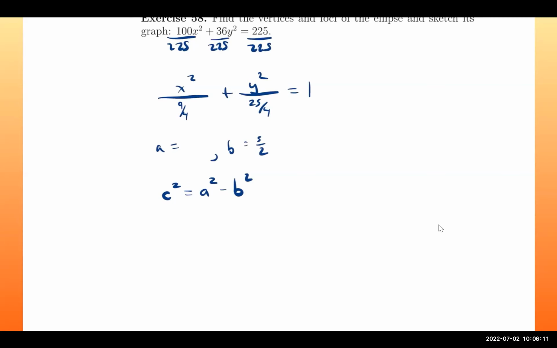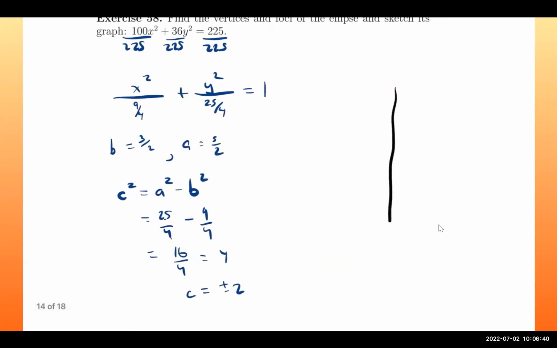Yeah, I got these backwards, but it's okay. A is that one, and this one would have to be B. So that's 25/4 minus 9/4, which is 16/4, which is 4. So c has to be plus or minus 2 after you take the square root.